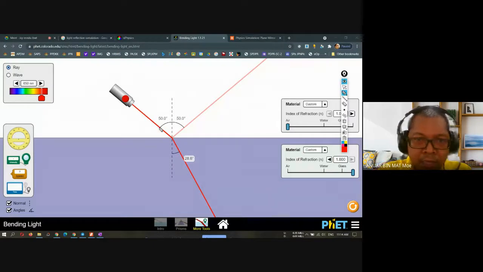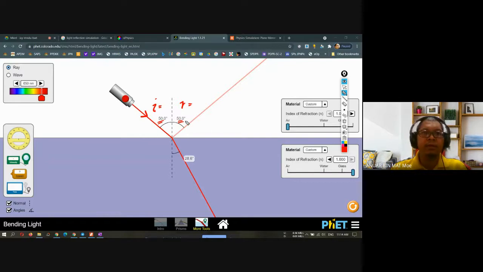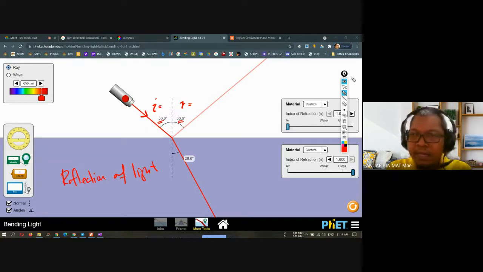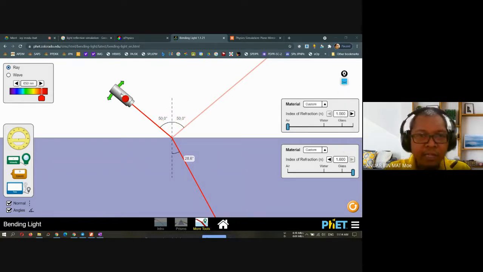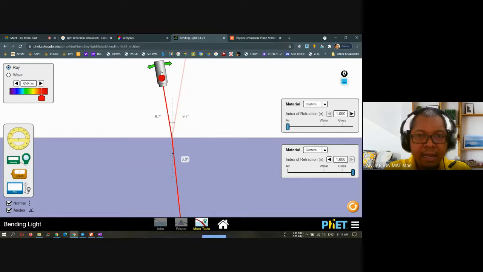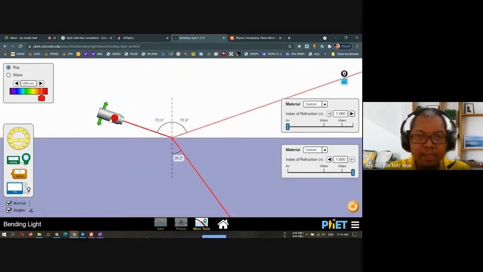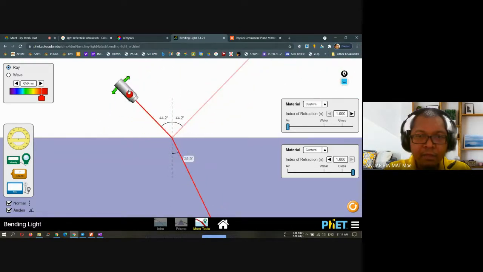If the incident ray I is 50 degrees, the reflected ray is also 50 degrees. That's all. This is for reflection of light. If I move the source of the incident ray, the reflected light is also the same.